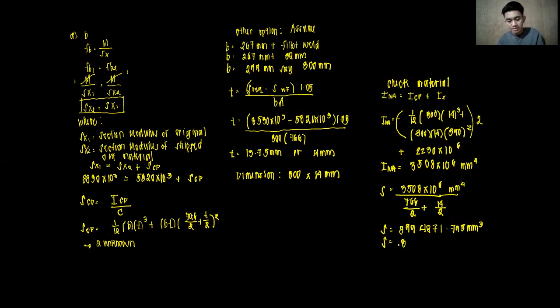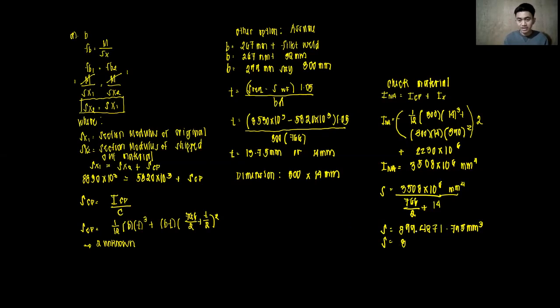Wherein, this is also the same as, I will have here 3508 times 10 raised to 6 divided by, that is now 397, 766 divided by 2 plus 14. I'm sorry, that is supposed to be 14 kasi yung hinahanap natin dito is yung pan lang. This is supposed to be yung C from the top. So this is supposed to be 14.